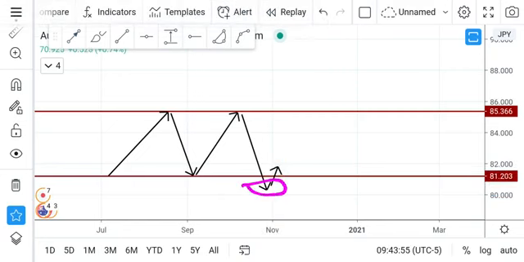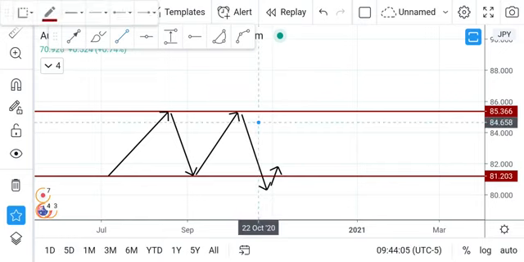The price could just first break out and move back into the channel and make a new high. So you just reference this high over here.